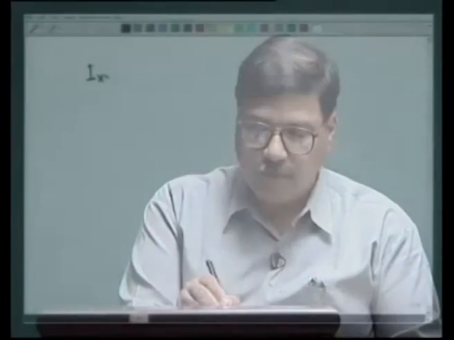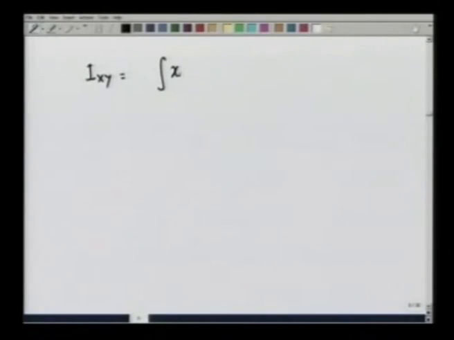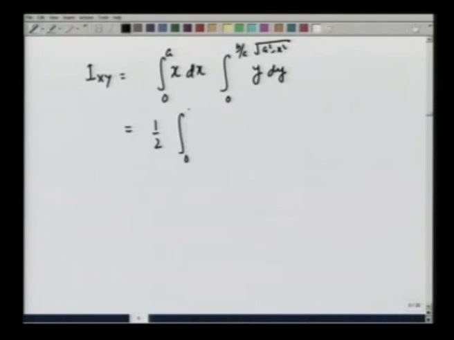Therefore, Ixy for this is going to be the integral of x dx from 0 to a, integral from 0 to b over a square root of a square minus x square of y dy, which is nothing but 1/2 integral 0 to a of x dx, b square over a square times a square minus x square.